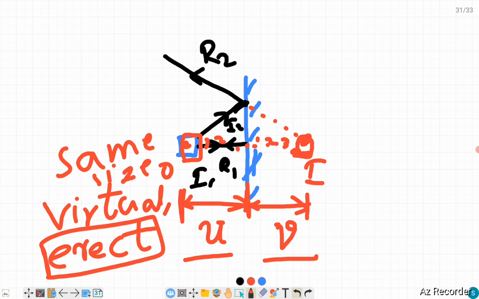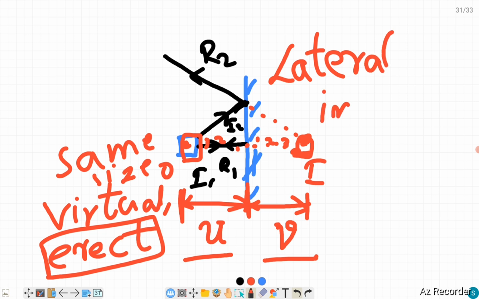And then one very, very important characteristic of this image is, what happens if you raise your right hand, standing in front of the mirror? In your image, it is seen like the image is lifting the left hand. Am I correct? So this characteristic of this virtual image is called lateral inversion.